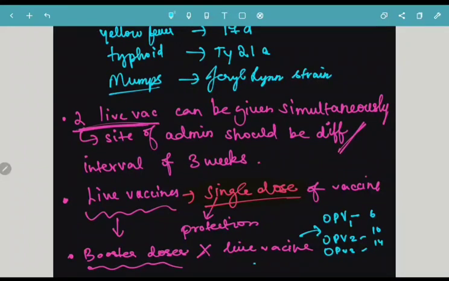Okay, and one oral polio vaccine booster dose is given around 16 to 24 months. The immunity provided by these doses is not sufficient. Therefore the booster dose is going to be required in case of OPV.